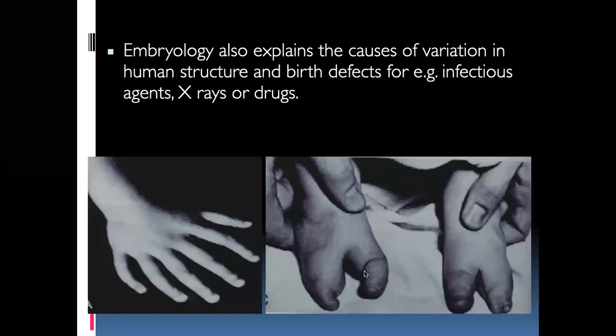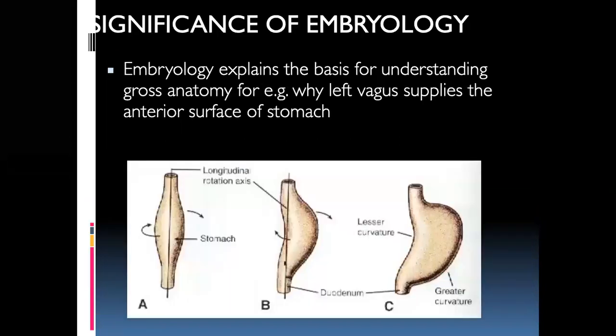When we are talking about development of organs, we need to understand why a particular structure supplies a region. For example, in the stomach, we have right and left vagus. Always in our human body we have a right vagus nerve and a left vagus nerve, two cranial nerves, one on each side.